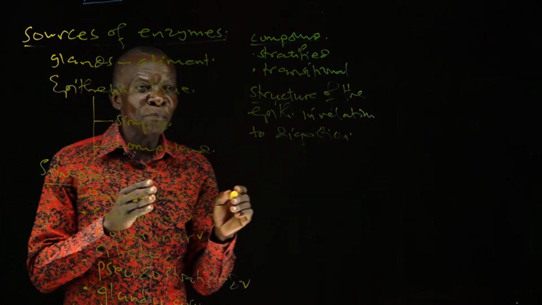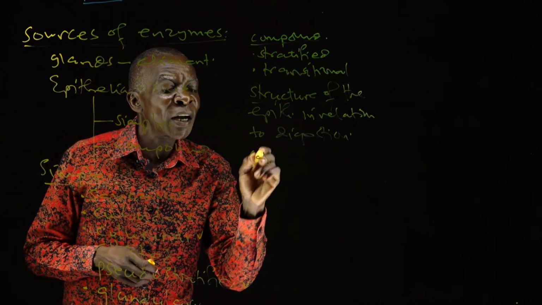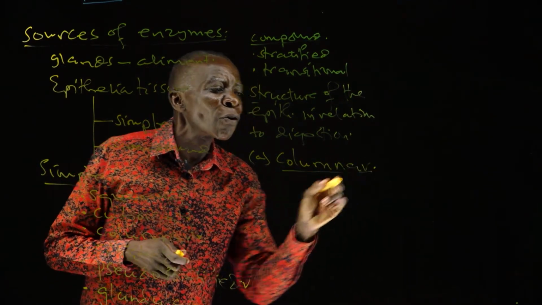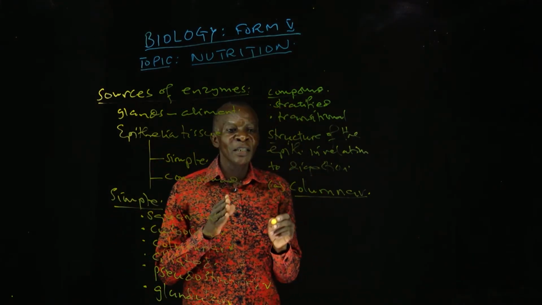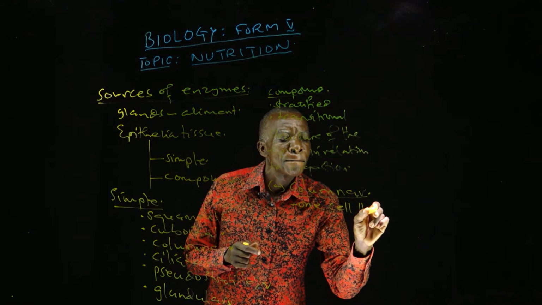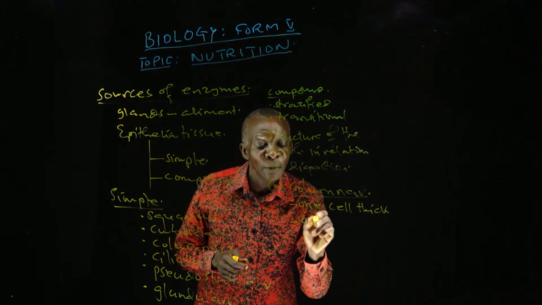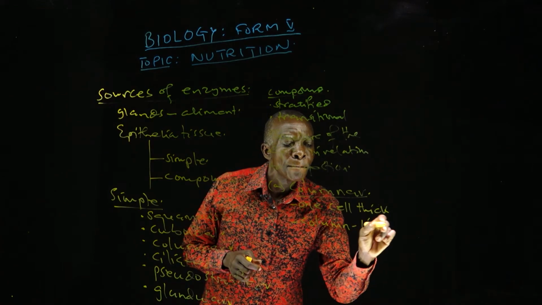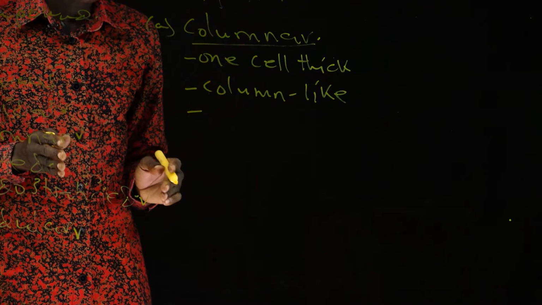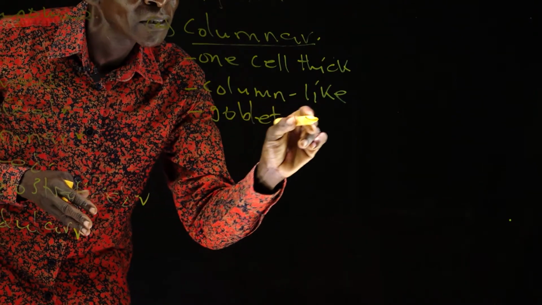Well, for the simple epithelial tissues that are found along the alimentary canal, first of all, we have the simple columnar epithelial tissue. This is only one cell thick. The cells are elongated and column-like, and these cells are interspaced by mucus-secreting cells called goblet cells.